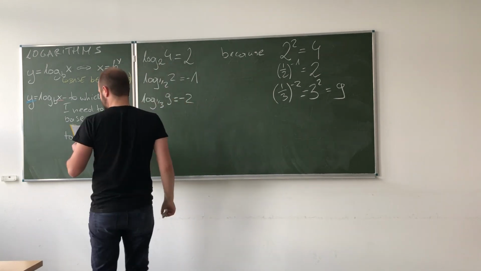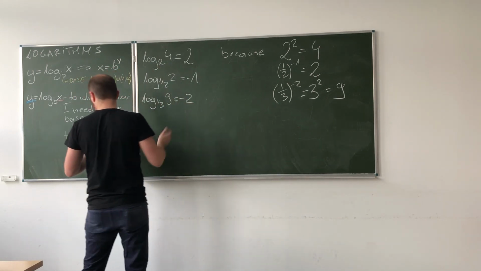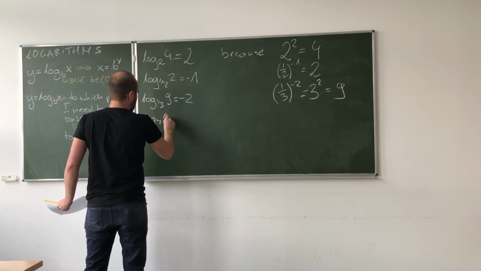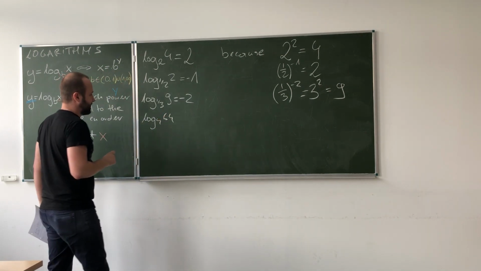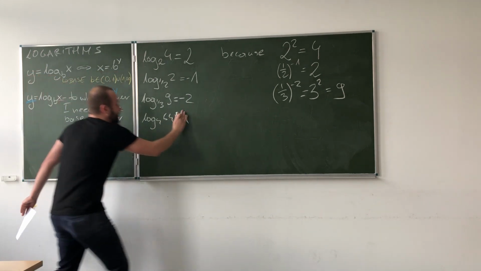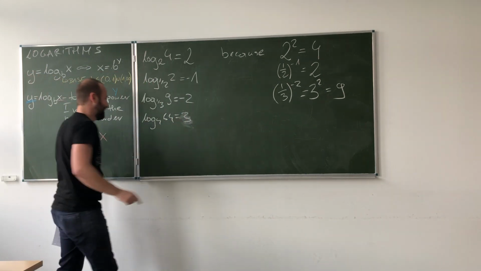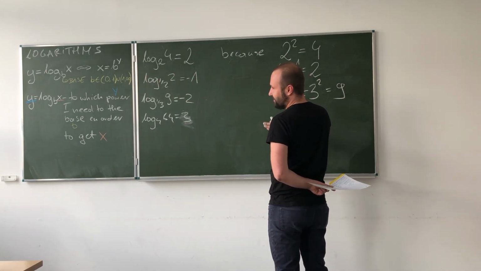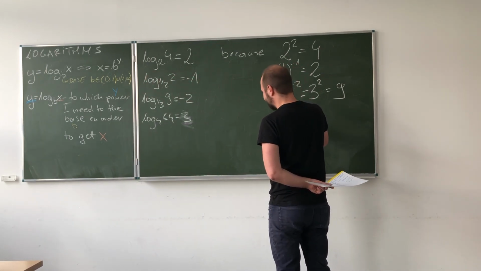Okay, so a couple more. Logarithm with base 4 out of 64 is 4. Oh god, sorry, it's 3. It's 3 because 4 times 4 times 4 is 64.